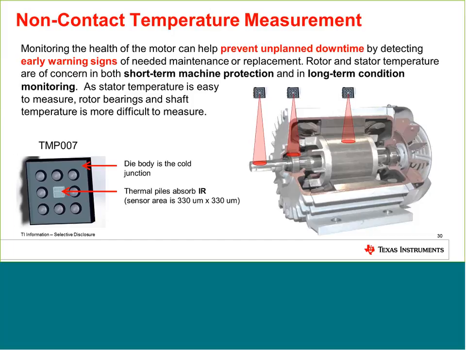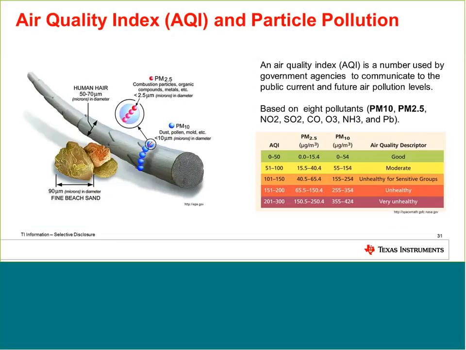Here we can see that we can measure, for example, the temperature of the shaft or the rotor, which without non-contact or infrared measurements would be impossible. So this is also going into the preventive maintenance category.